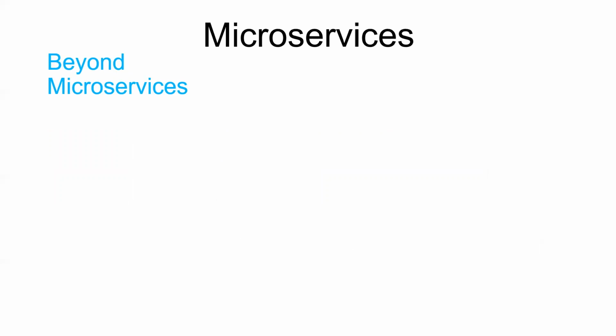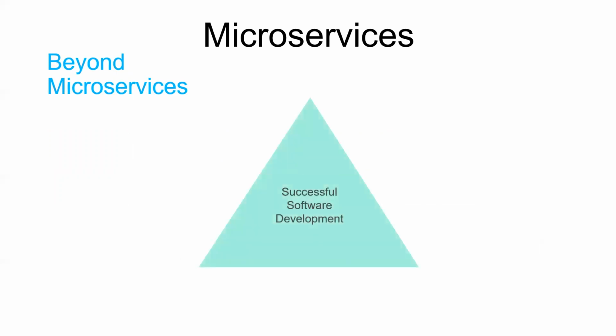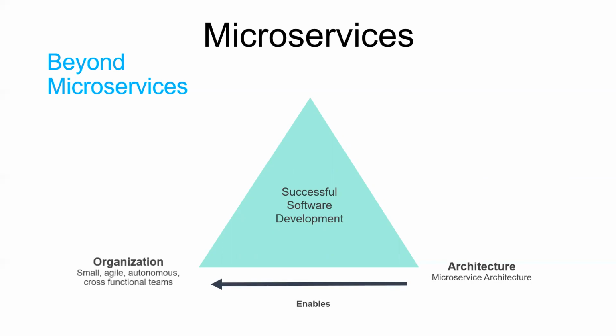As a conclusion, we can say that it's easier to have a successful software development equation when the microservice architecture is present as one of its parameters. In fact, going microservices enables your company to adopt a specific organization that recommends working with small, agile, autonomous, and cross-functional teams.